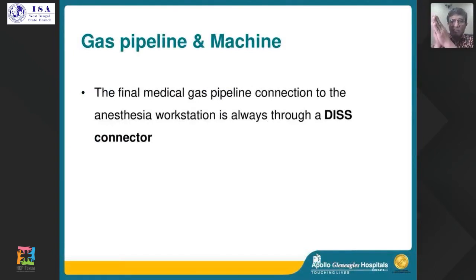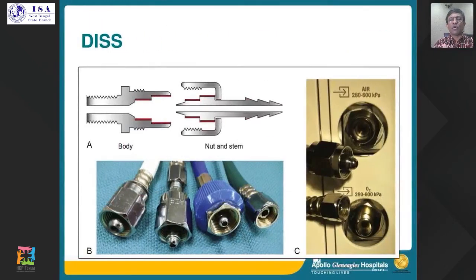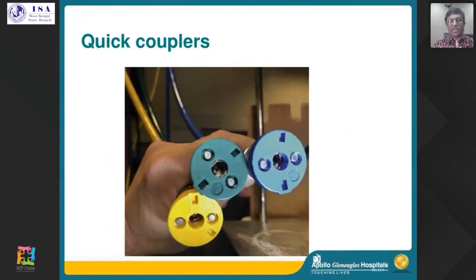At the machine end of this gas pipeline, per ISO, it should be through a DISS connector. Just go to any text and you will find how the DISS looks like. That is a nut and threading, a nut and the receptacle which is threaded in, or the quick couplers with the pins.